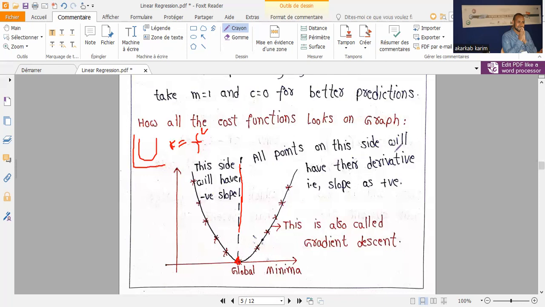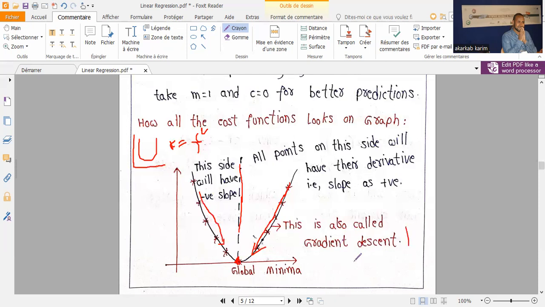All points on this side will have their derivative slope positive. So the slope of this equation will be positive. And here the derivative will be negative, to find the optimal or the global minimum.